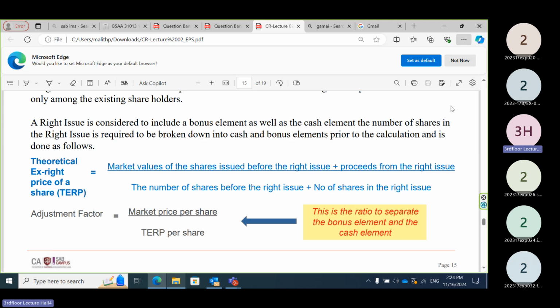The value is what you understand once you go through this formula. Here, whatever the value you had previously, you add whatever the cash you are getting now. Right?